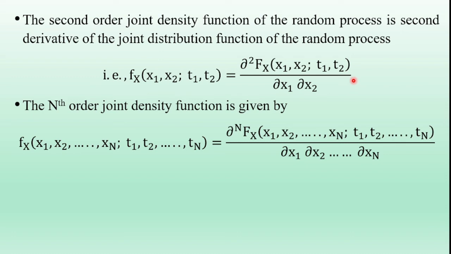Similarly, the nth order joint density function of the random process x of t is given by fx of x1 comma x2 comma x3 and so on xn, for n random variables at the time instances t1 comma t2 comma t3 and so on tn, is equal to the nth derivative, that is dou power n by dou x1 dou x2 dou x3 and so on dou xn, into the nth order joint distribution function of the random process, that is capital Fx of x1 comma x2 comma x3 and so on xn comma t1 comma t2 comma t3 and so on tn.